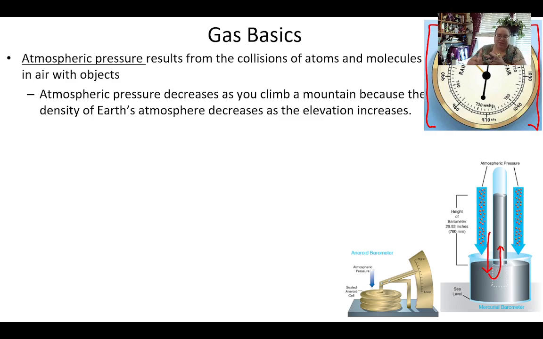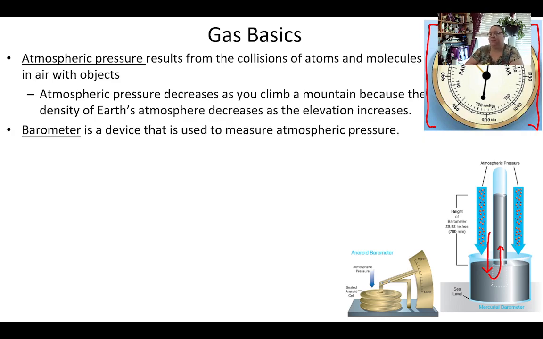Now, interesting thing about the Earth as a whole. The higher up you are, or the higher your elevation, the less gases that are pushing on your body. The lower your elevation, the more the atmospheric pressure is on your body. So if you're at sea level, most of the Earth, the gas pressure is 1 atmosphere, or 760 millimeters of mercury.